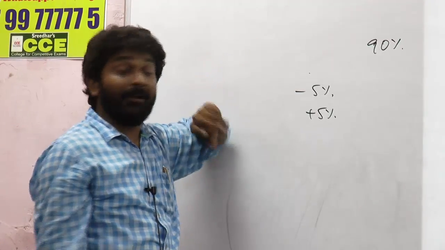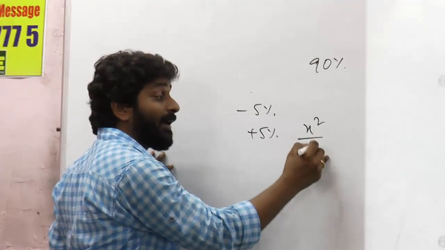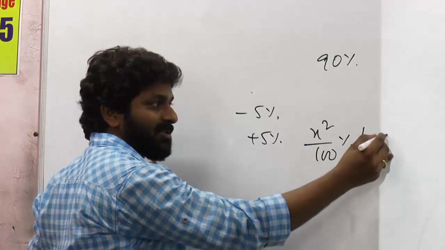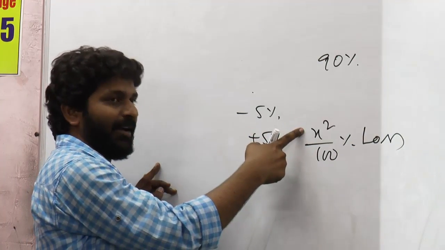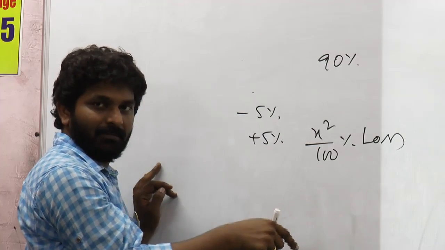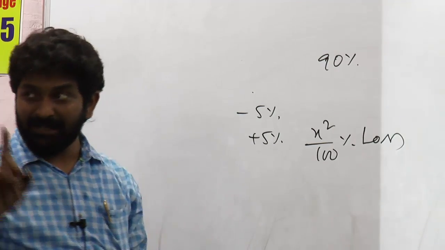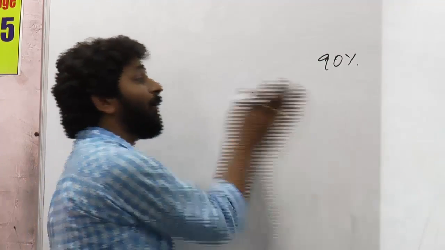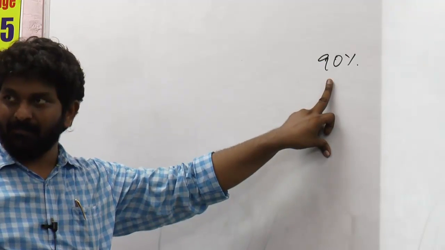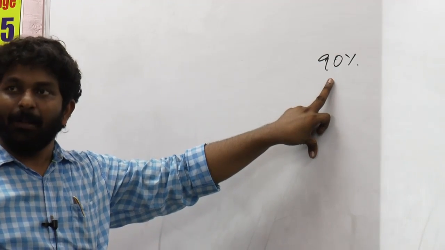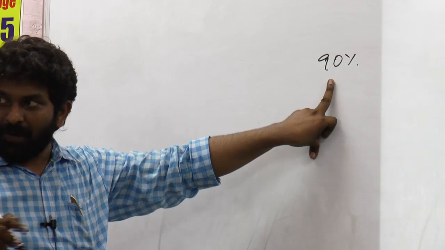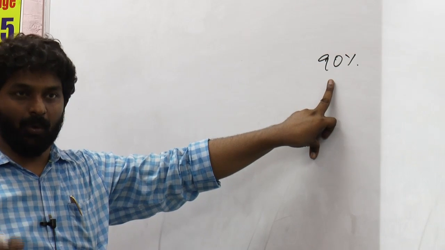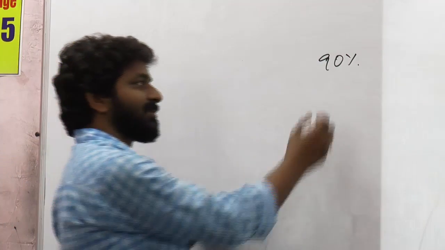Overall there will be an effect of X square by 100% loss, where X value is 5. 5 square is 25, by 100, 1/4. 0.25% loss. 0.25% of what? 90. 1% is 0.9. Half percent 0.45. So 1/4 percentage is 0.225% loss.